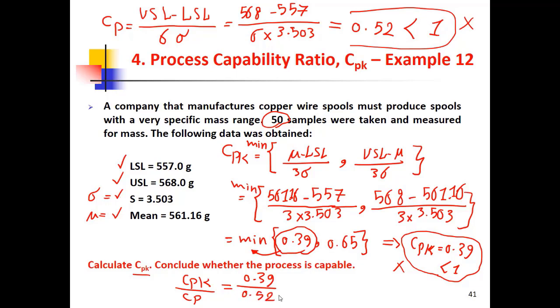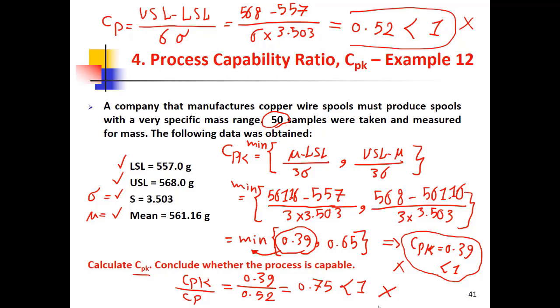That gives me 0.57, which is even smaller than 1, which again is not capable. So all these observations tell us that the process is not capable. CP is smaller than 1, CPK is smaller than 1, and the ratio between the two is smaller than 1.